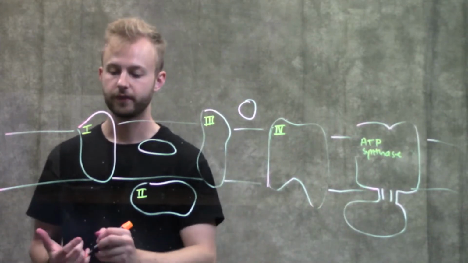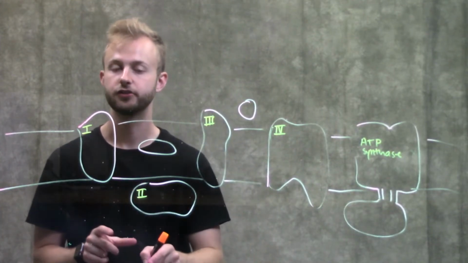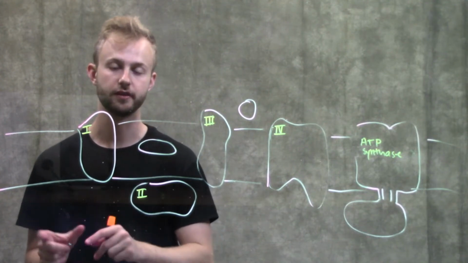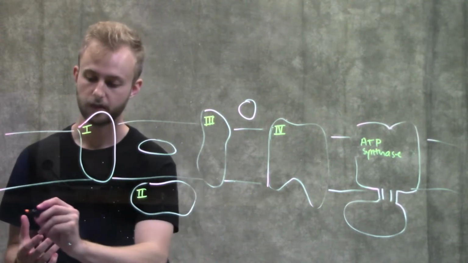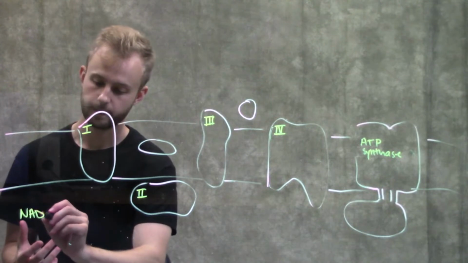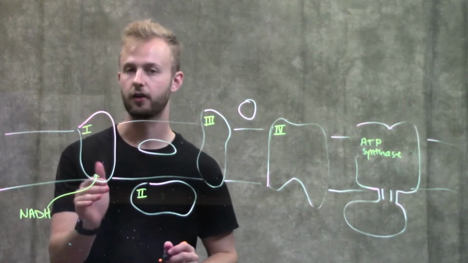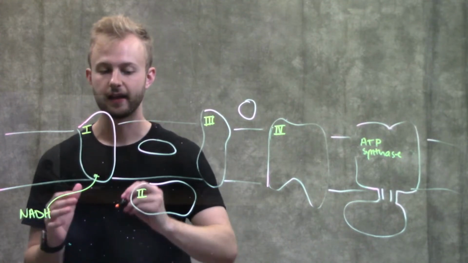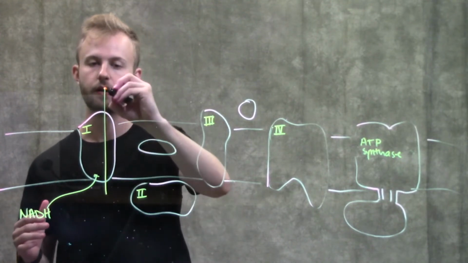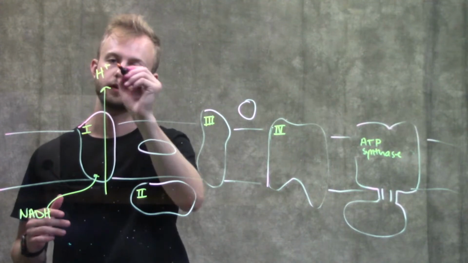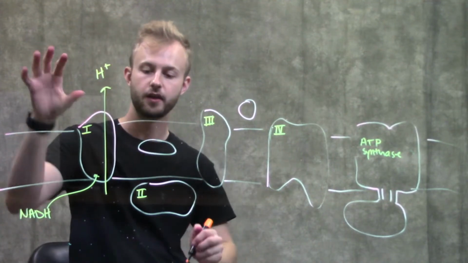So what's going to happen is our NADH and our FADH2 are actually going to go to different proteins. Our NADH is going to drop off its electrons at complex 1. When it does that, complex 1 is going to pump protons into the inner membrane space.